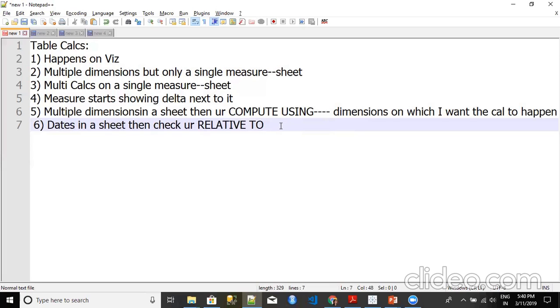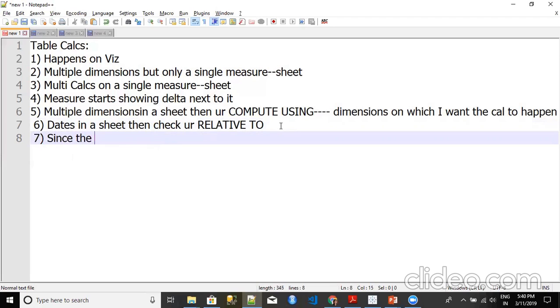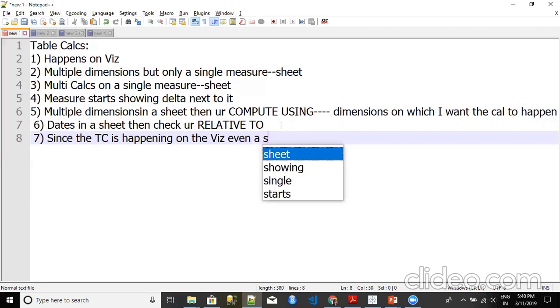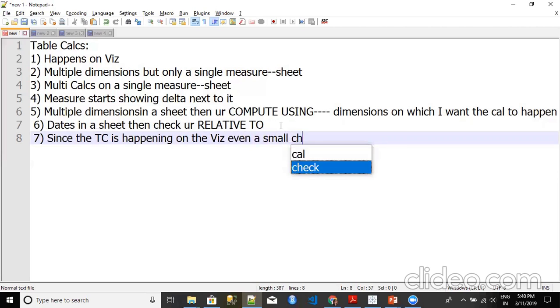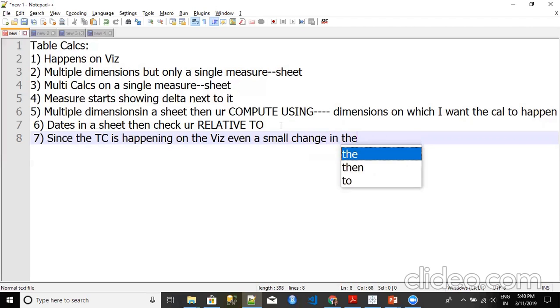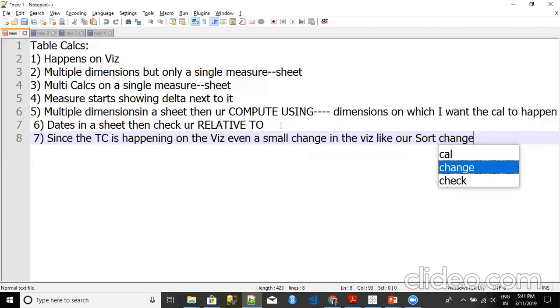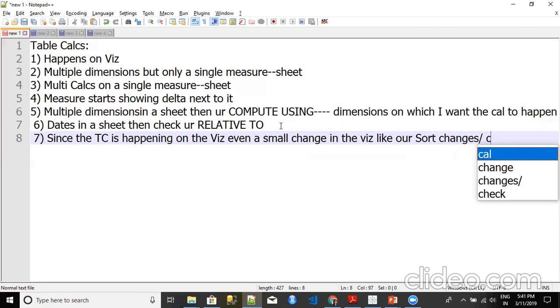Then the next thing that we have to remember is that since the table calculation is happening on the viz, even a small change like our sort changes, or I'm going to put the word corrupt over here.